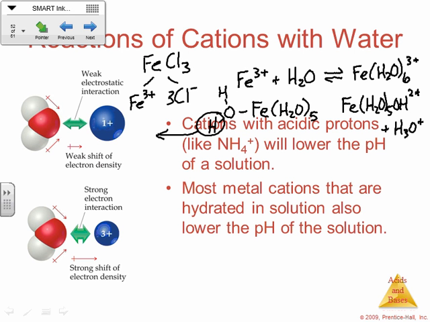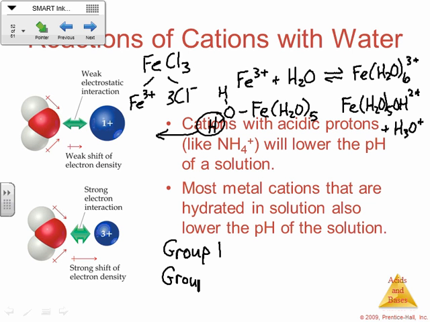So the metal cations that will not form a complex with water should be fairly easy to remember. They're the ones in group 1, okay? So everything in group 1, in other words, will not change the pH of the solution, because they don't form these complexes with water, okay?